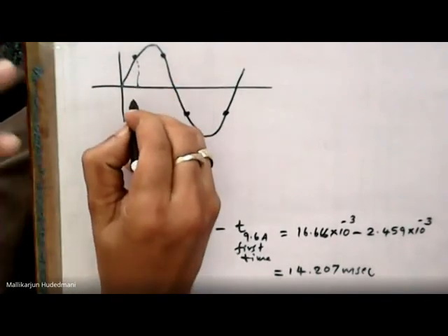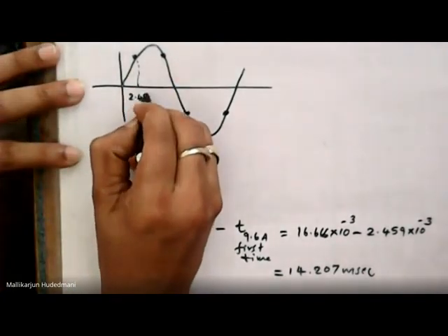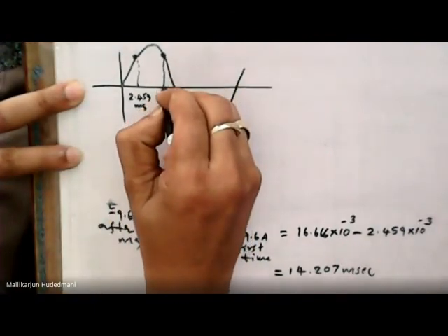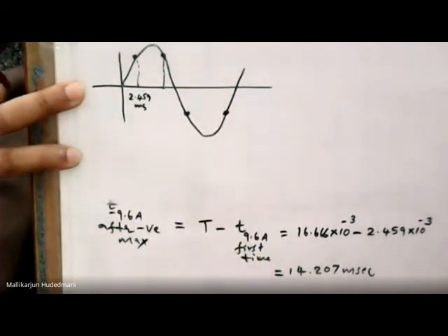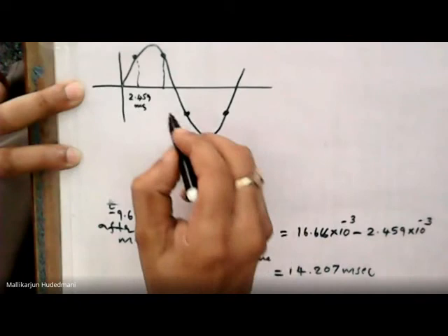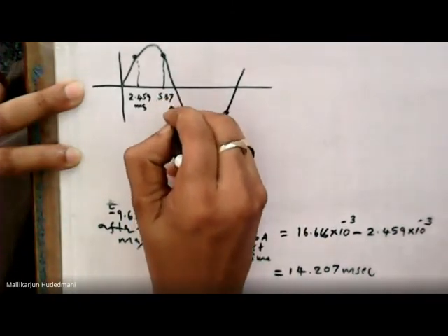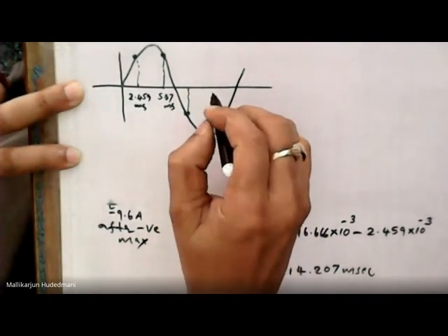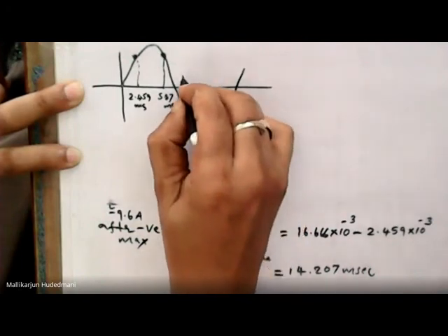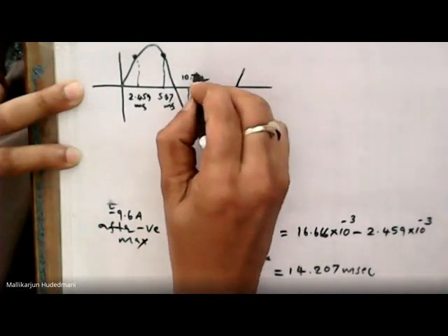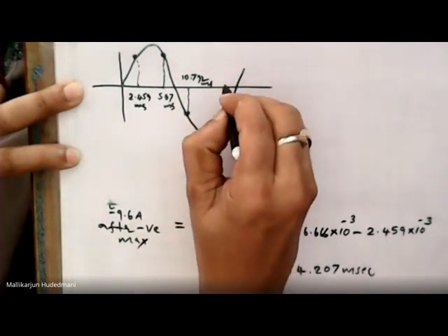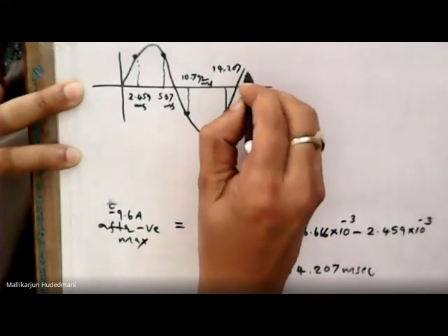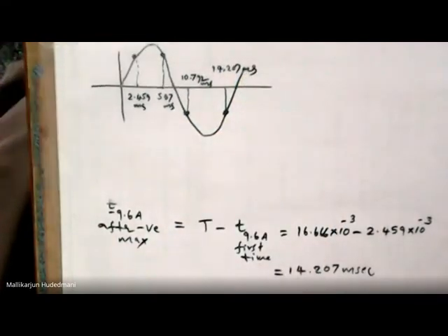This is appearing at 2.459 ms. This we got as T by 2 minus t, which was 5.87 ms. And this we got as 10.792 ms. This we got as 14.207 ms.